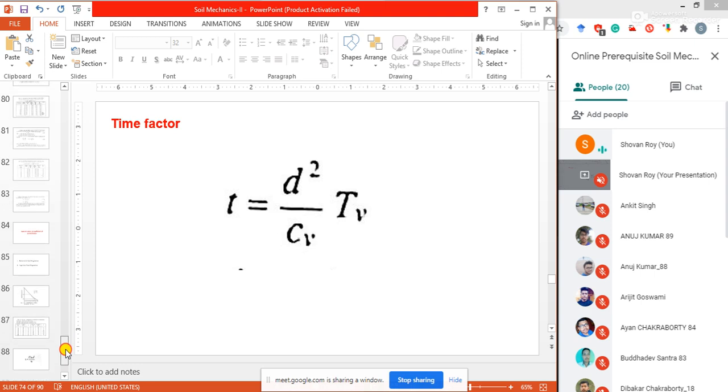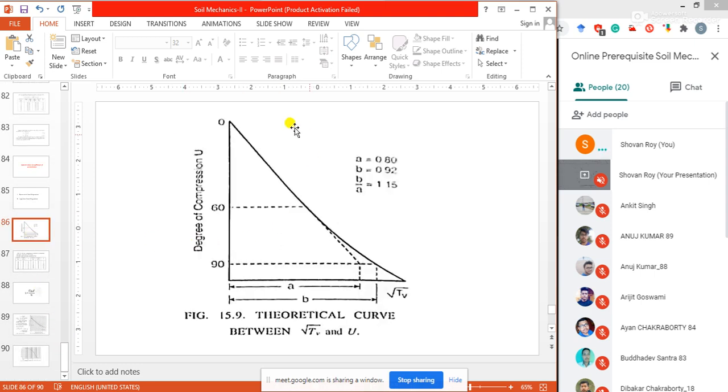If we go to our actual slide, this is the theoretical curve between root over Tv and U. Tv is the time factor, U is the degree of consolidation. In this figure, the theoretical characteristic curve between root over Tv and U has been shown.